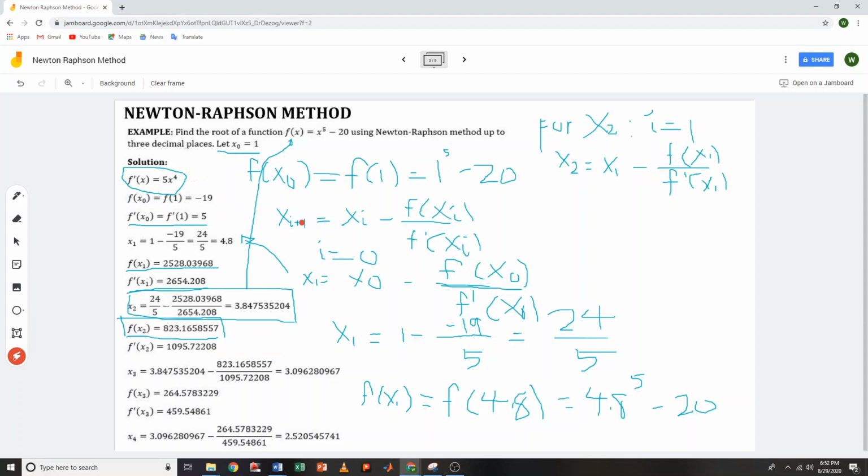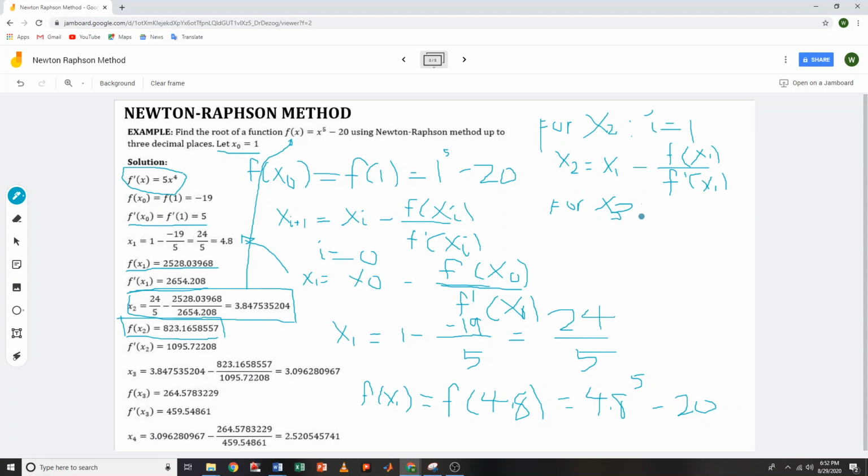As you can see, this is an iterative process. Now, continue with x3. For x3, we have i equal to 2.